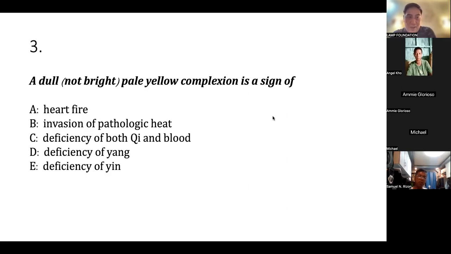Pag meron ka bang excess heat, are you still going to have coating? Doc, parang meron, pero black. Meron. Di ba? Bago mag-black, yellow muna. Very good. So, there is coating, yellow tongue coating. With yin deficiency with empty heat, there is no coating.